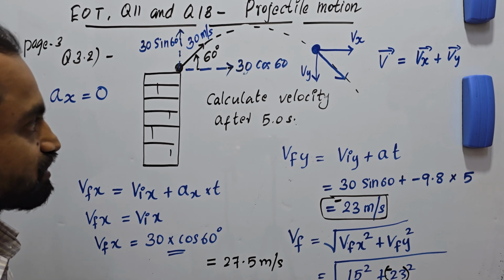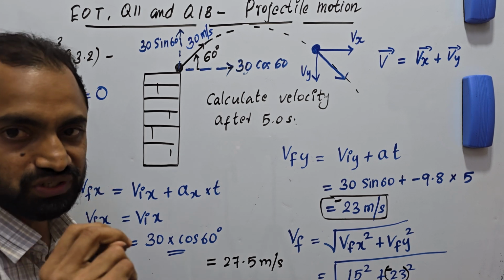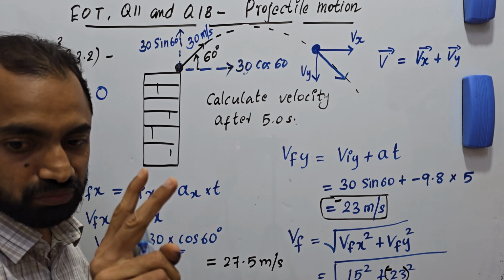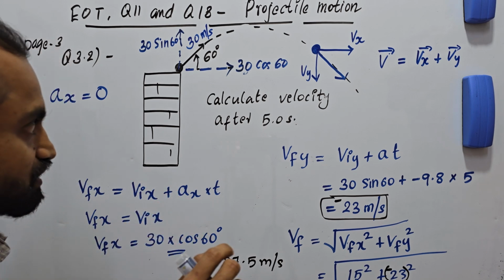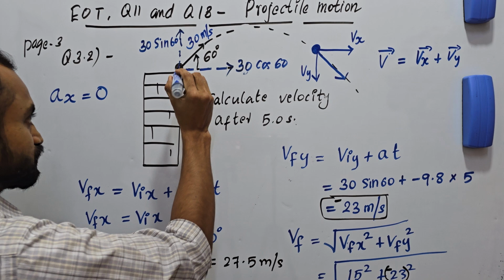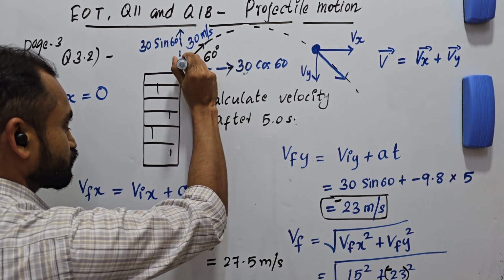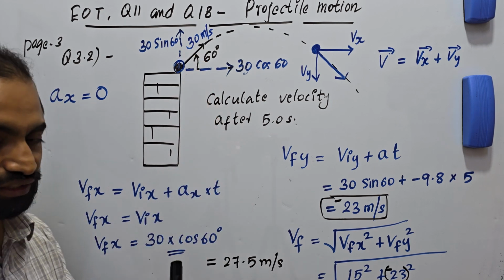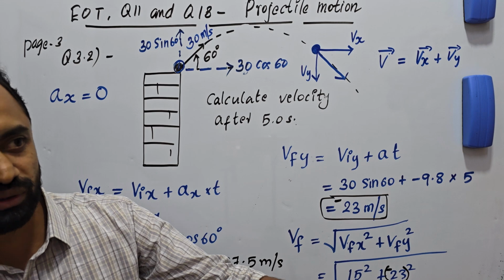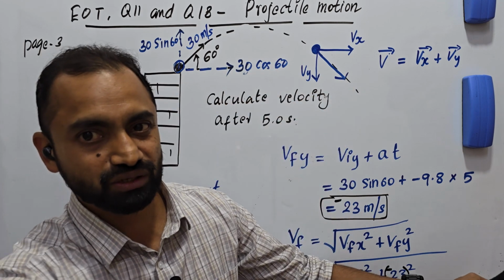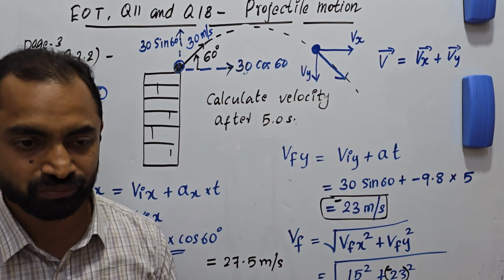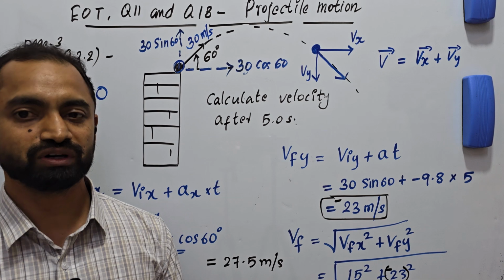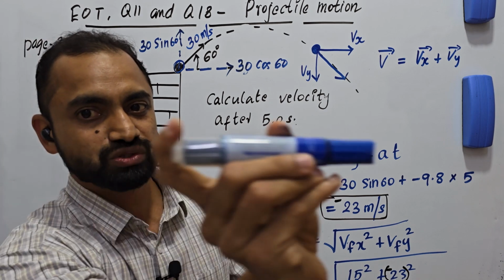That's a good question. So these are two different questions, okay? Both are different situations. In the first question, you are on the top of a building and you are throwing like this, in the horizontal direction. Can you imagine that?